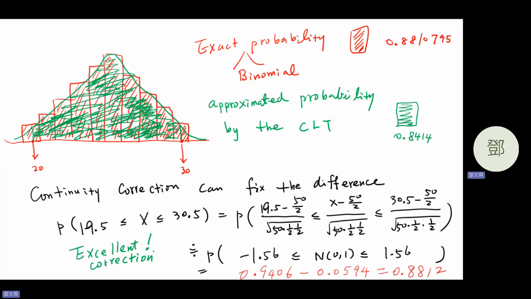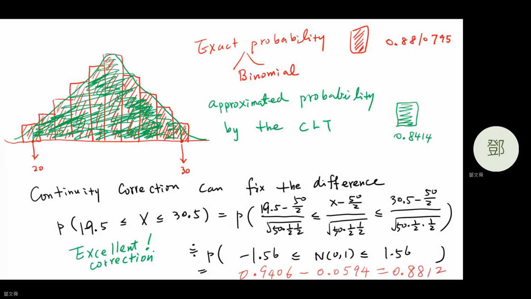So this tells us that the binomial distribution can be approximated by the normal distribution. Okay, we can use the central limit theorem to calculate the probability related to the binomial probability.